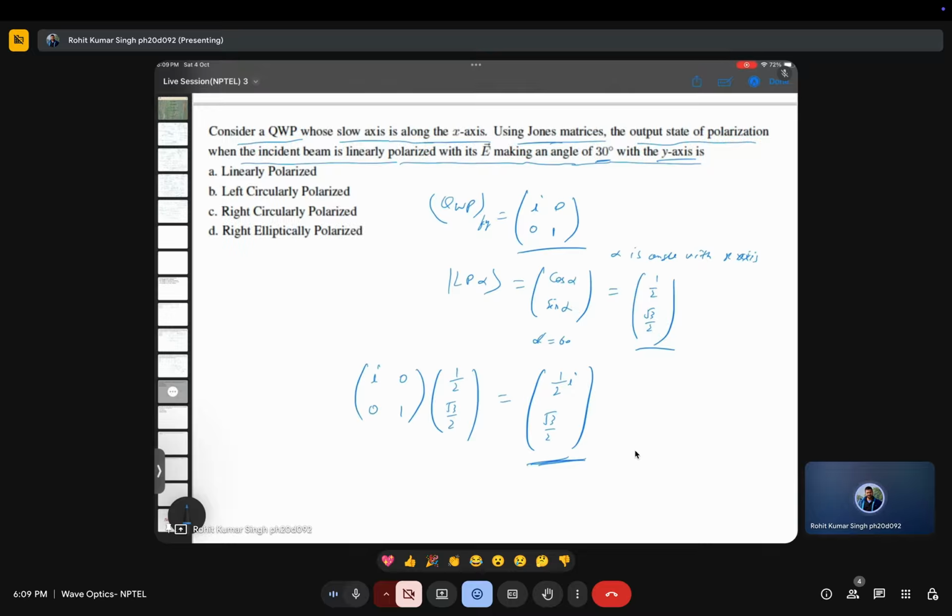So this is basically, here the x component is given like this, the y component is given like this.